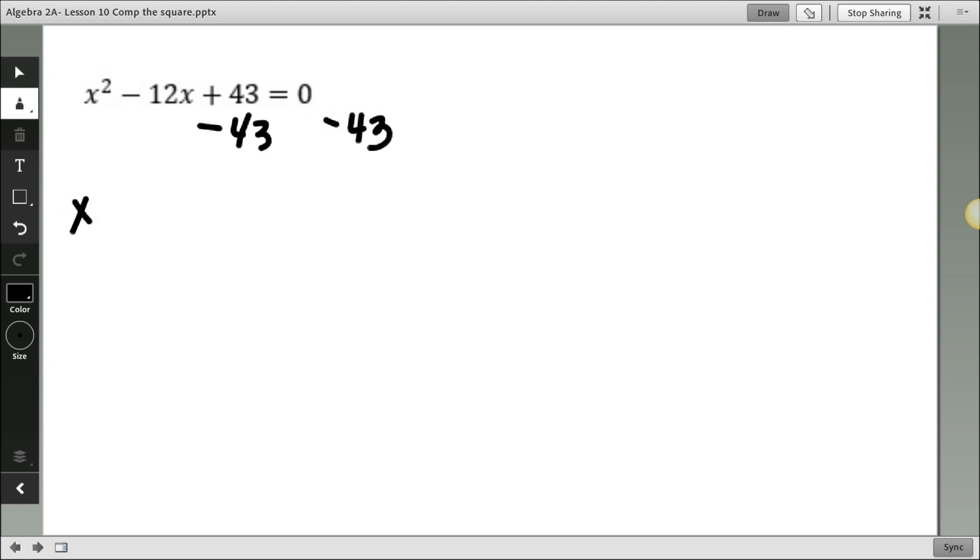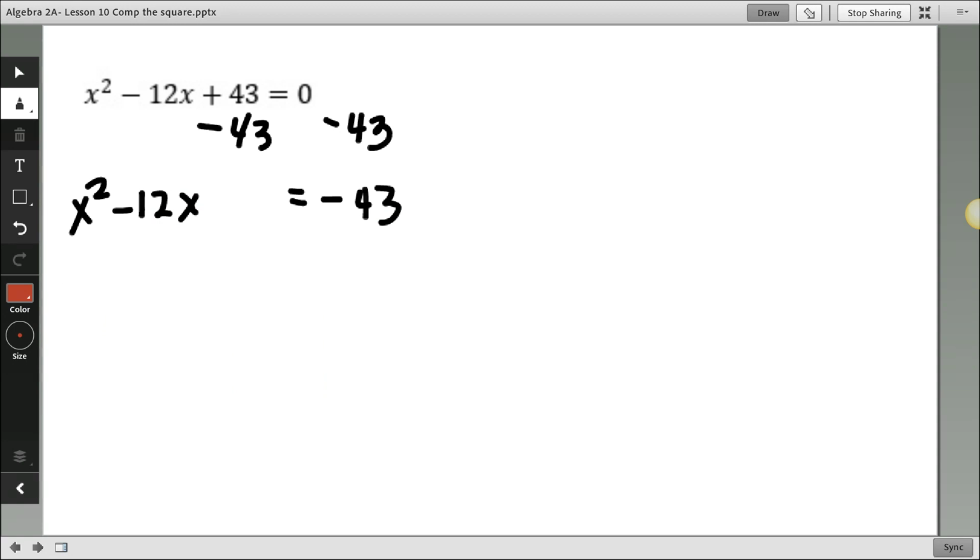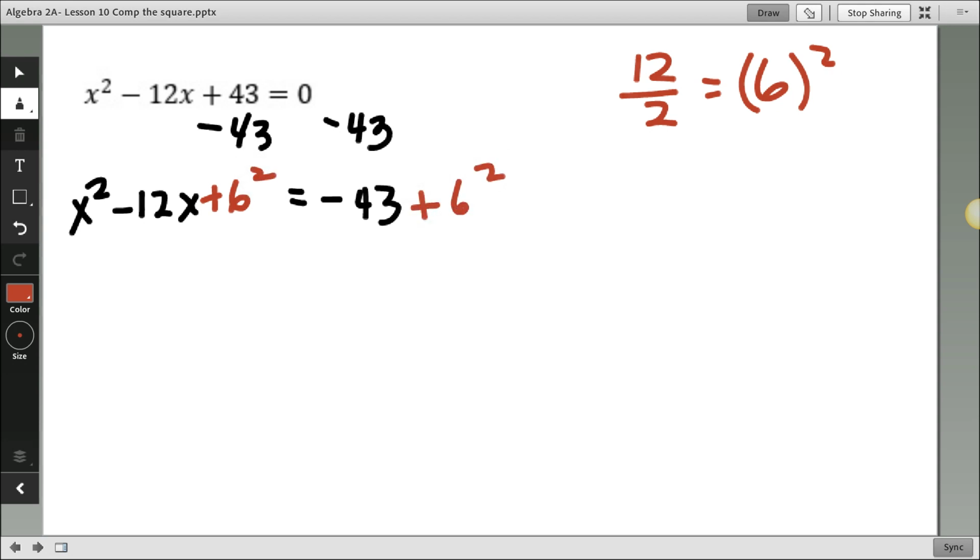That's going to leave me with x squared minus 12x equals negative 43. And again, remember, it's half of b, so 12 divided by 2, and that's going to equal 6. And remember, we're going to square it, add it to both sides. So plus 6 squared plus 6 squared.